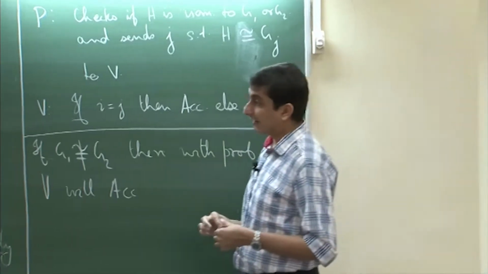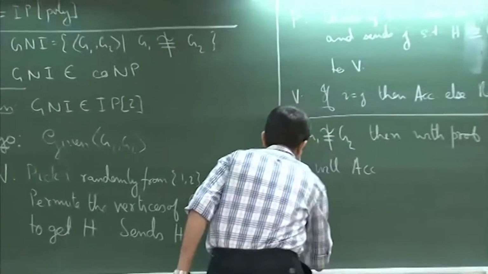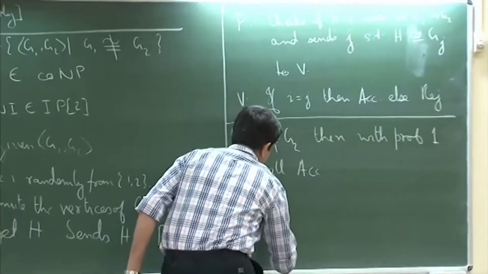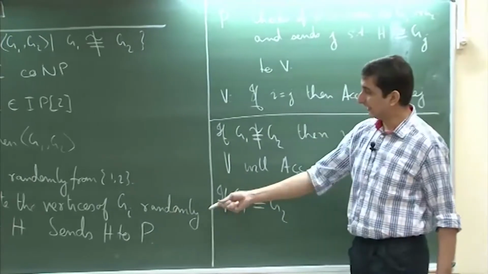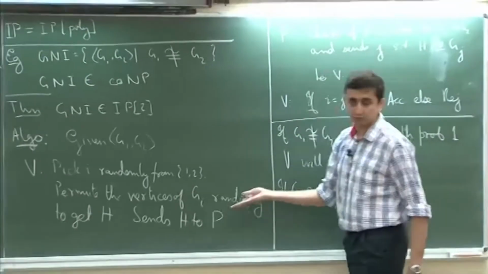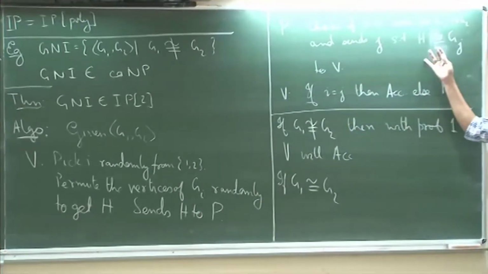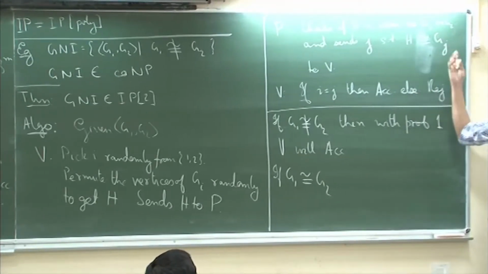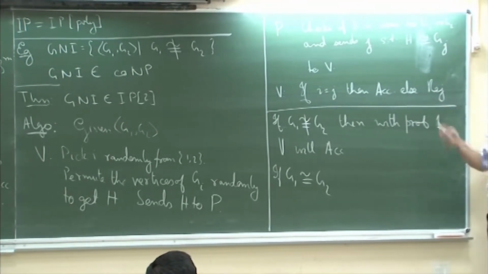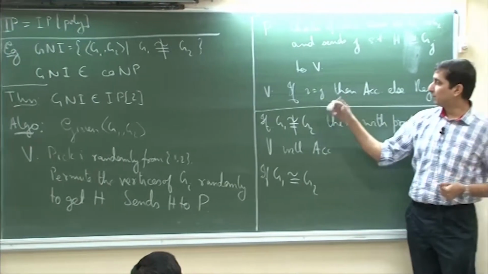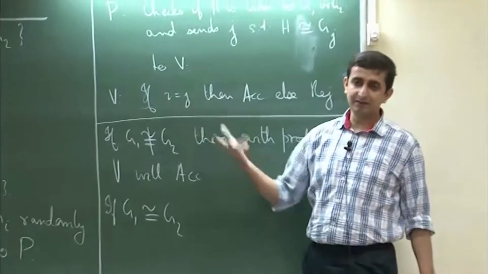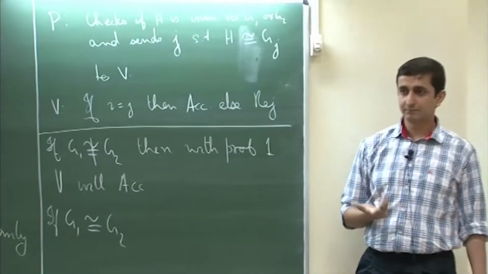if the graphs were isomorphic. So, if G1, let us say, is isomorphic to G2, then what happens? Then in this case H is isomorphic to both G1 and G2, and the prover finds that out, and then he just sends back some J. So, the probability that J will be equal to I is exactly half, right.